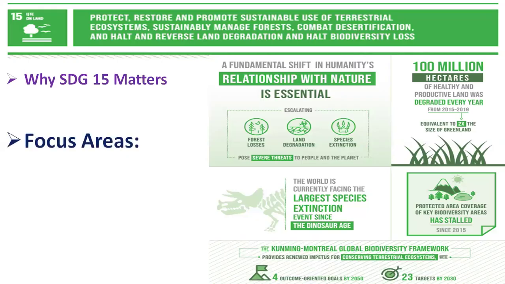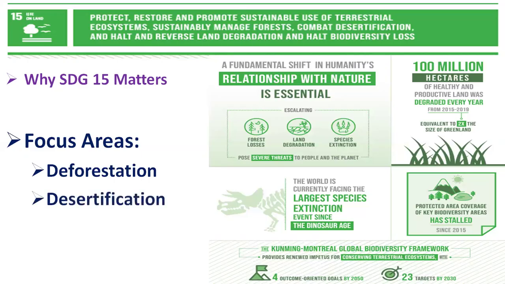Key focus areas in this are deforestation: implementing policies and measures to reduce deforestation and forest degradation, planting trees to restore forest and increase forest cover, promoting sustainable forest management practices.